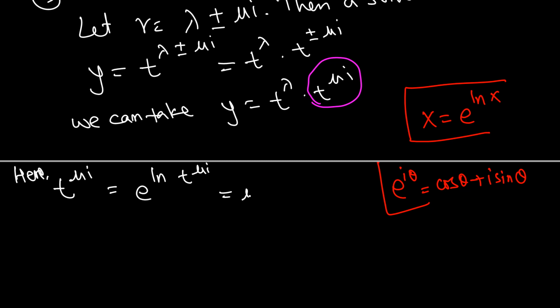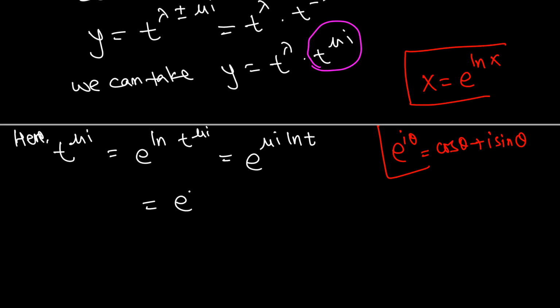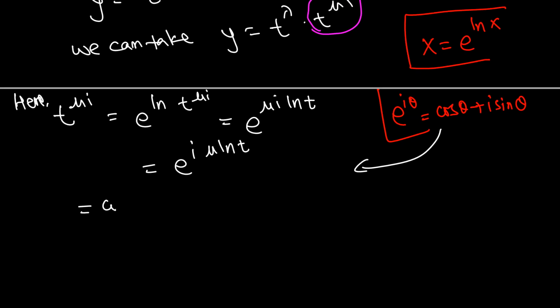So this is the same as e raised to, bring this to the front, e raised to mu i ln t, and our t is positive, so we are good. And this is the same as e raised to i mu ln t. Now this matches with this e^(i theta), which is cosine of mu ln t plus i sine mu ln t.